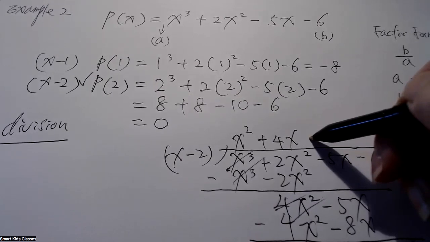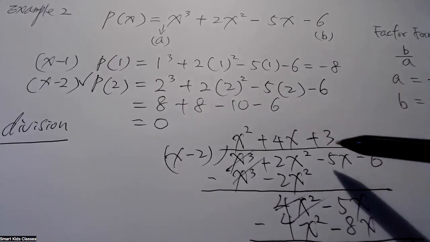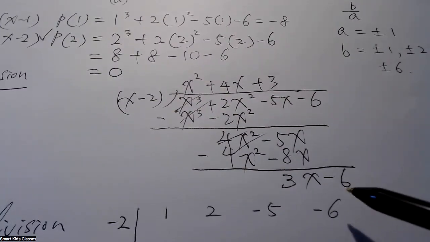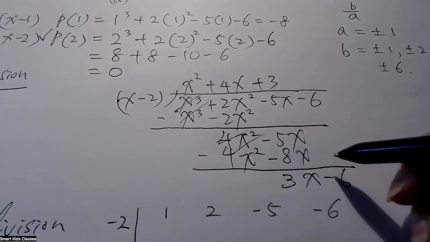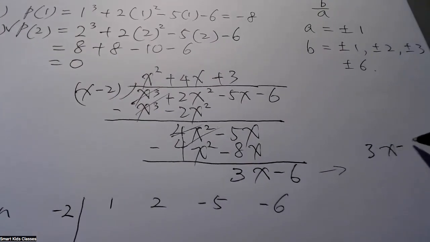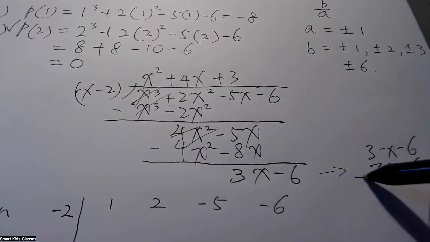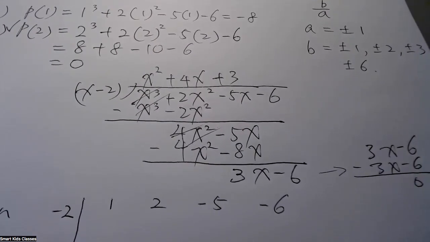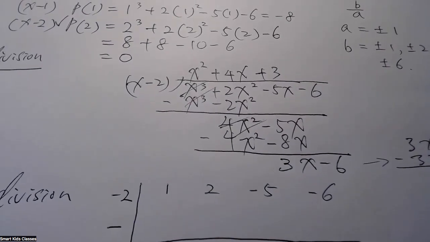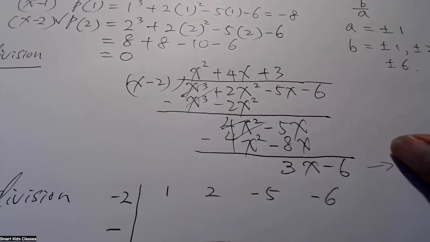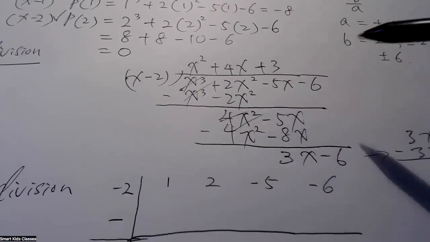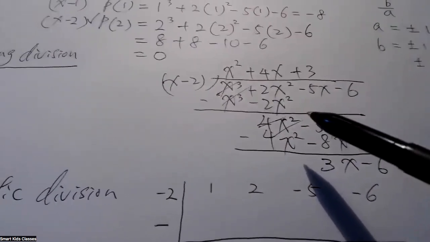So you try 3. Then 3 gives 3x minus 6. So it's fully divided. I'm running out of room, so I'm going to write it here: 3x minus 6, 3x minus 6, subtract equals 0. So we finish this division. I will write the answer on the next page. That's one way to do it, long division.